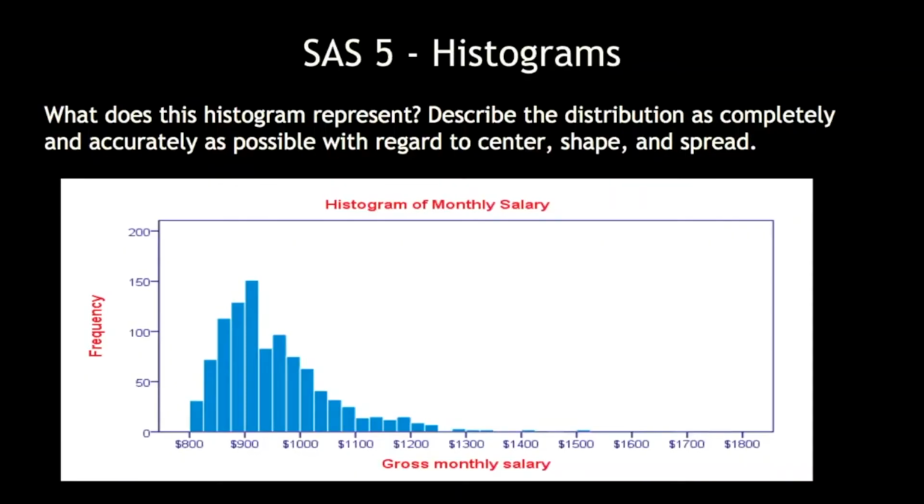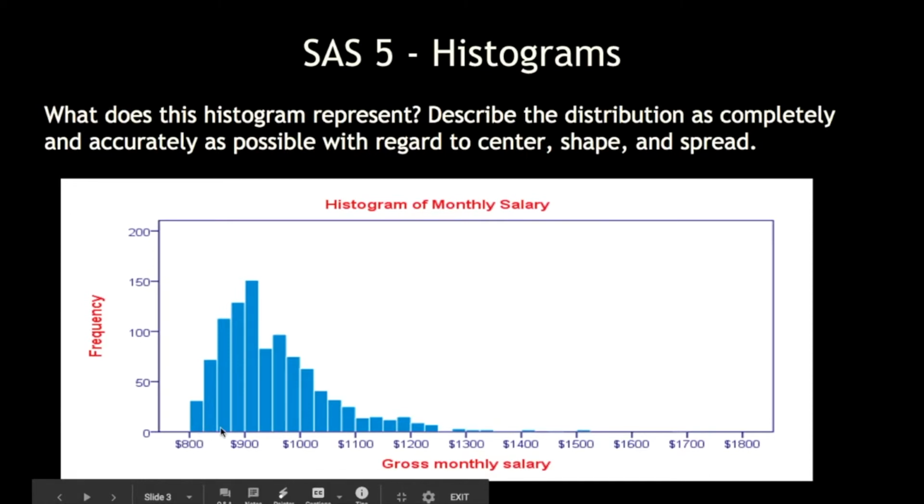All right, so today's lesson is on histograms. What does this histogram, this graphical representation, represent? We're supposed to describe the distribution as completely and accurately as possible with regard to center, shape, and spread. So this is a histogram of monthly salary as depicted in the title. This is the frequency of times it happens to have a gross monthly salary of that amount.